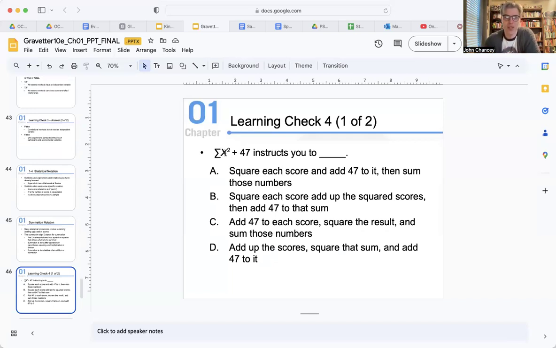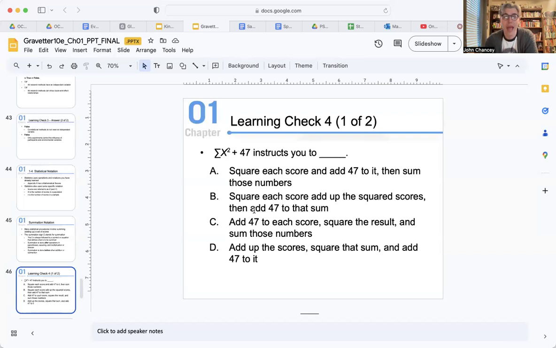the sum of x squared plus 47 instructs you to what? Is it A, square each score (in this case X is our scores), then add 47 to it, then sum those numbers? B, square each score, add up the squared scores, then add 47 to that sum?